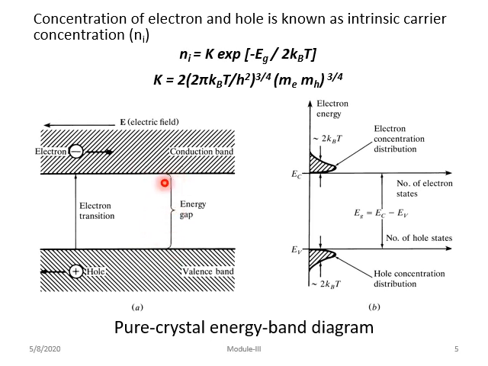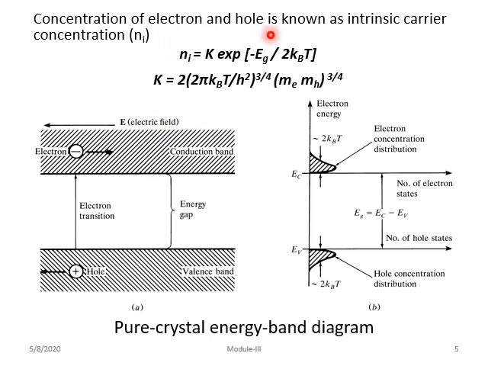Through the energy band gap. Transition of electrons or holes across this gap is only possible by applying a certain electrical field.